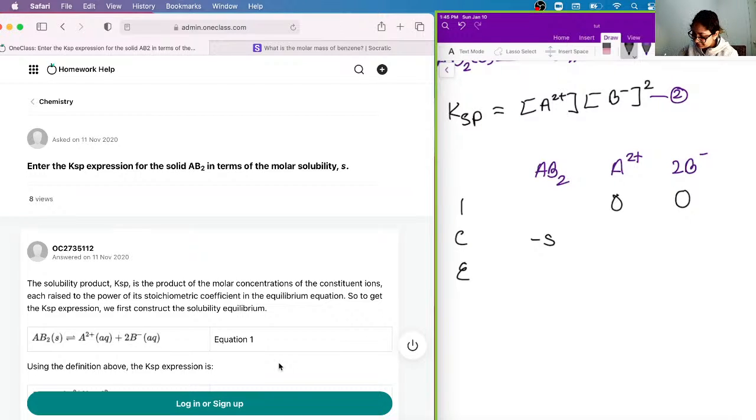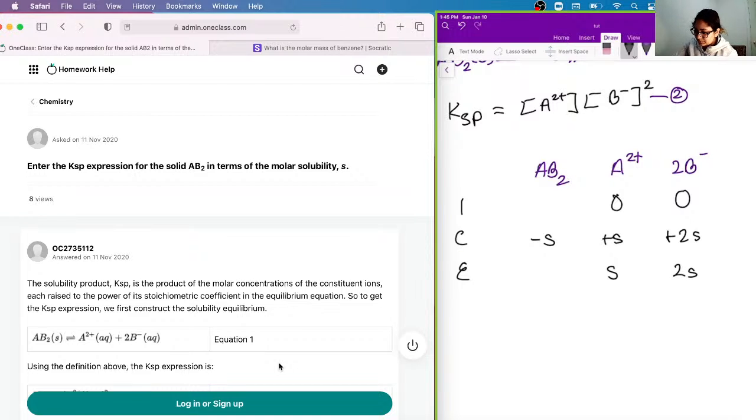So this would be negative and this would be positive because you're forming them. And so this would be 2S, right? Since it has a coefficient of 2, so 2S. And so your equilibrium would be S, and in this case, this would be 2S.